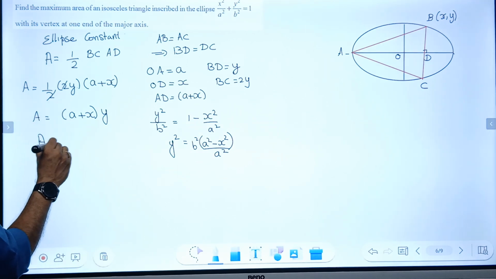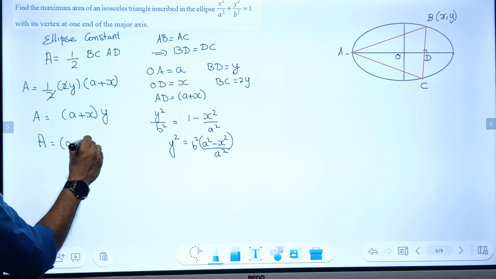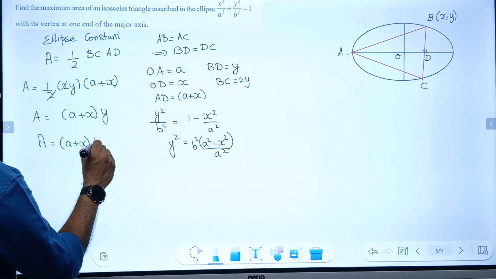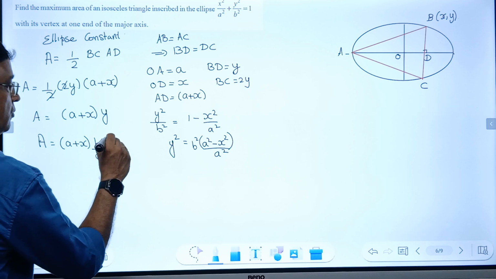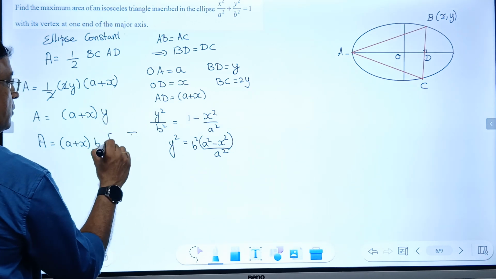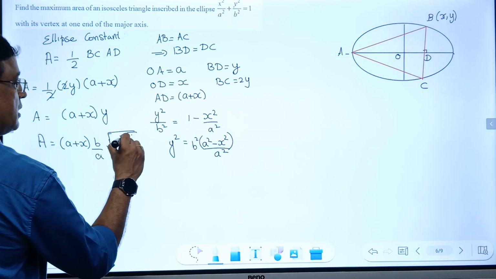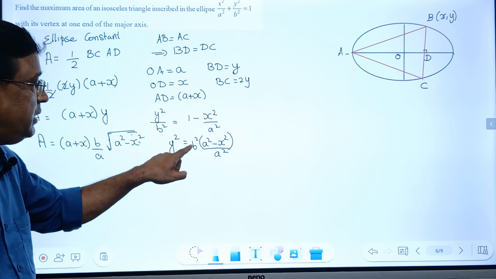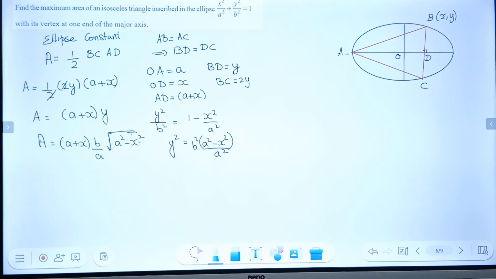So y will be b by a into root of a square minus x square.